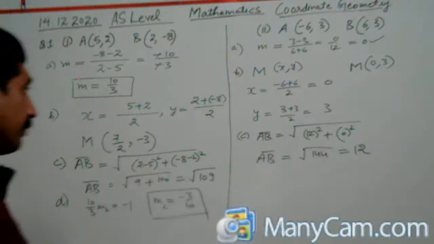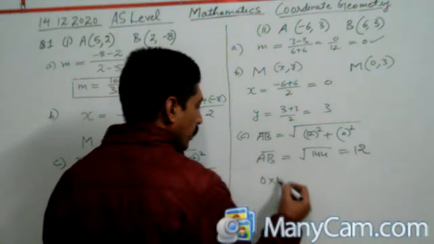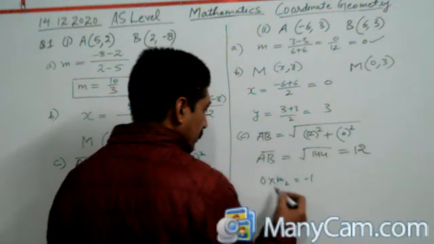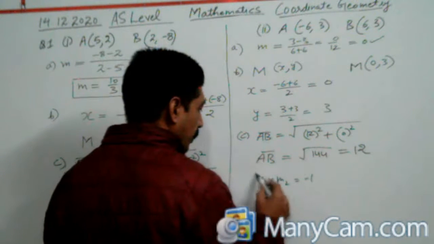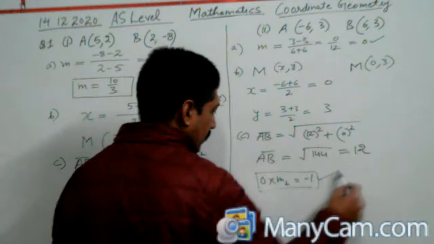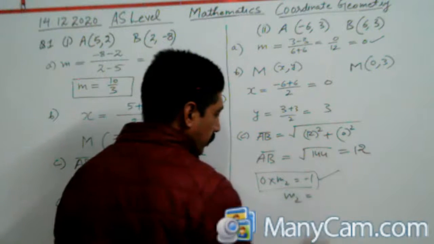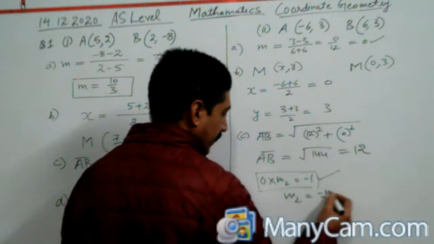So m1 m2 is equal to minus 1. m1 is 0 into m2 is equal to minus 1. So m2 is equal to minus of 1 divided by 0, that is infinite, right?